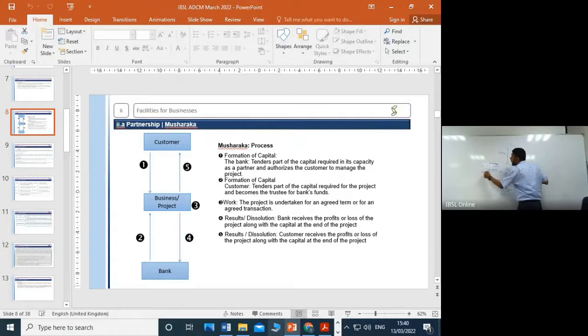So the profit is 100,000 rupees. The PSR agreed at the initial stage is 50-50, so the customer and bank take 150, 150. This is what we just discussed.